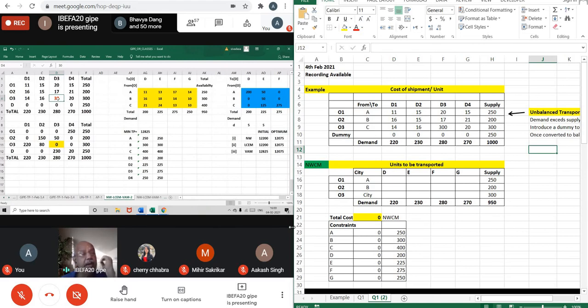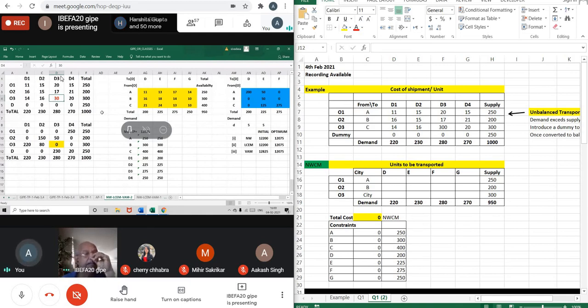So if I keep this 30 and work on the algorithm, possibly allocation will come. Can anyone tell me what modification is necessary? Sir, can we add a constraint to make cell D4 0? No. 0 I cannot make. But he does not want to sell now. O3 does not want to send to D3.